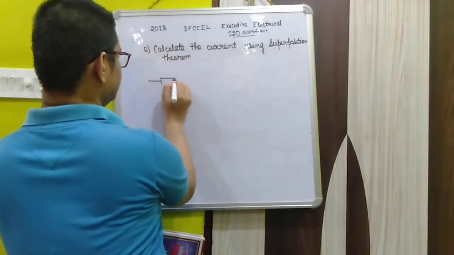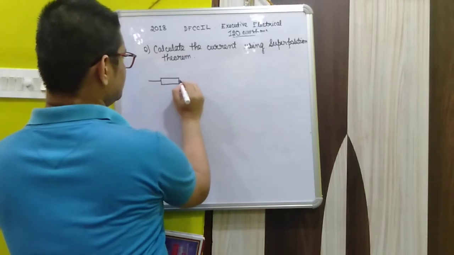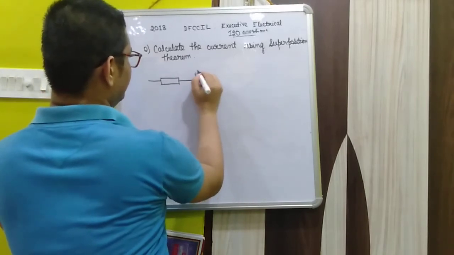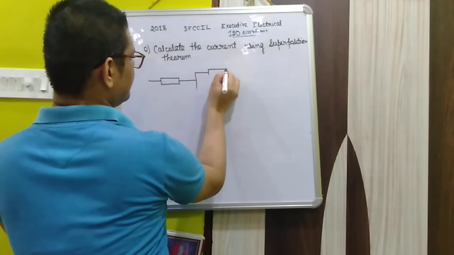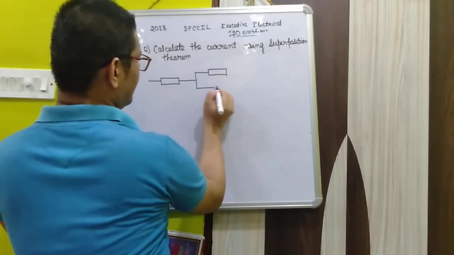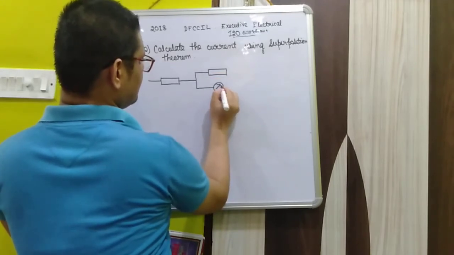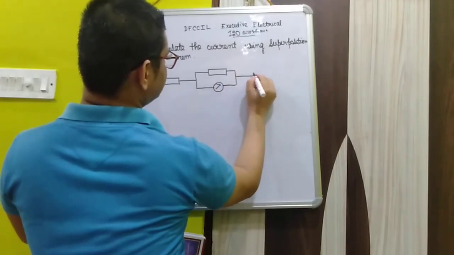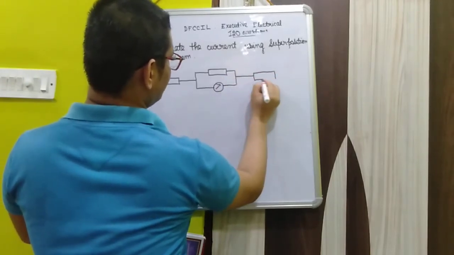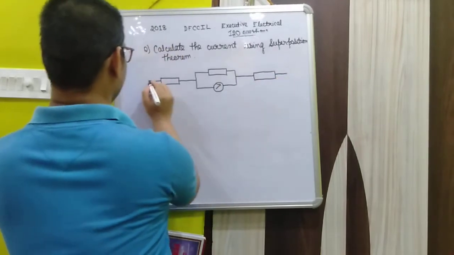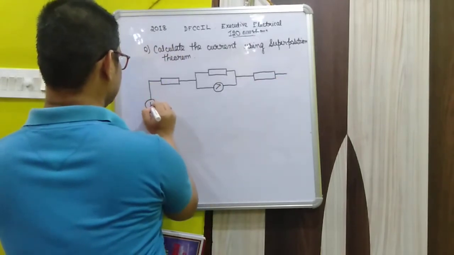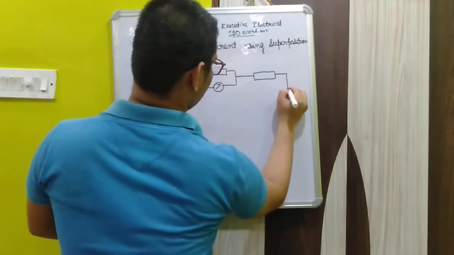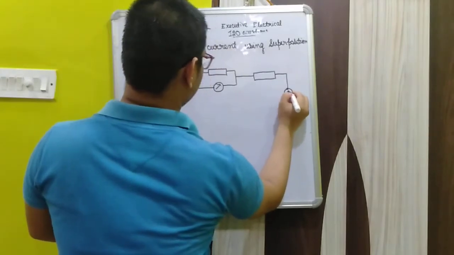This is a resistance over here, and here will be another resistance. Here is the current source. Here is another resistance that is in series with the circuit, and here will be two voltage sources. Here is one voltage source and here is the other voltage source.